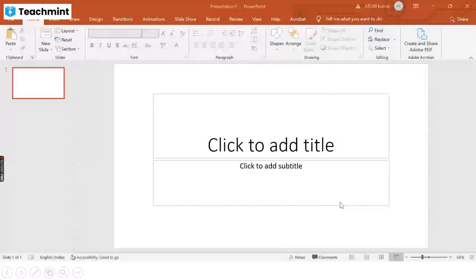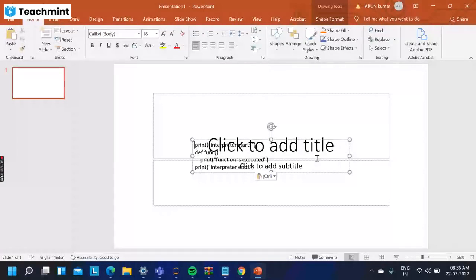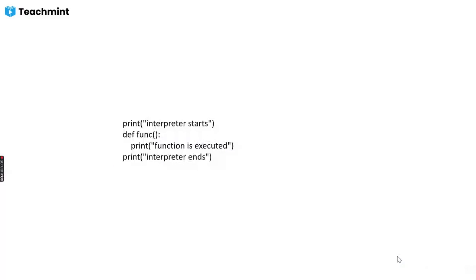Because there is a little bit of confusion in this. So our intention is, as we know, this is the first line, second line, third line, fourth line. As we all know, Python is an interpreted language, so it interprets from top to bottom.